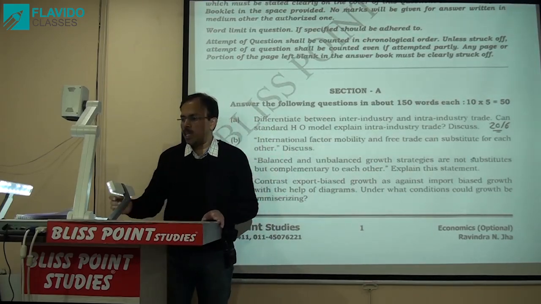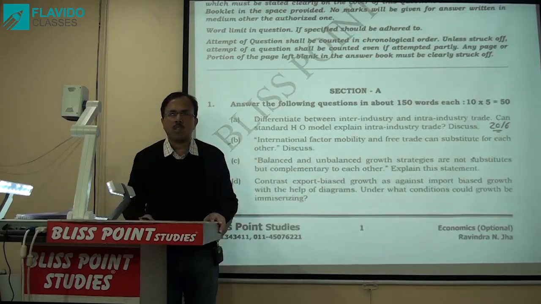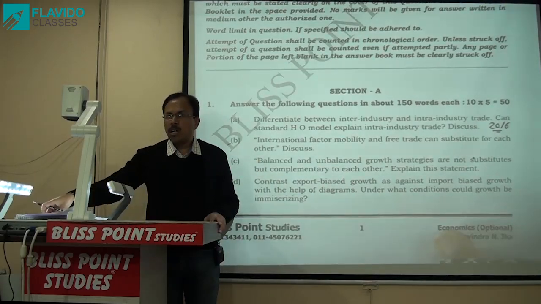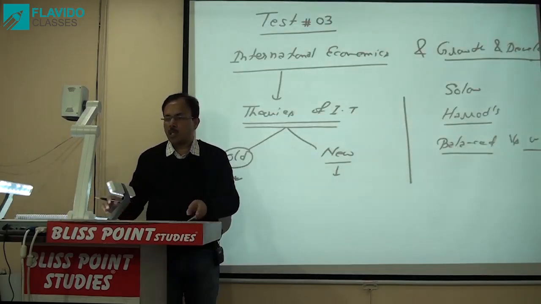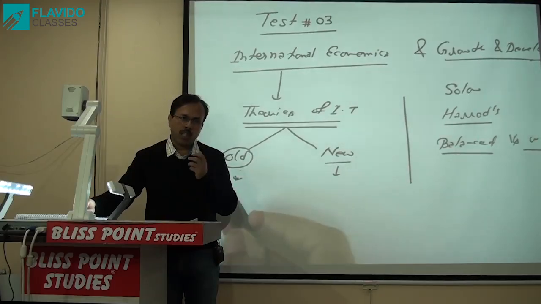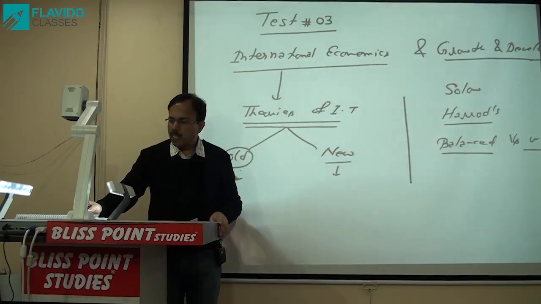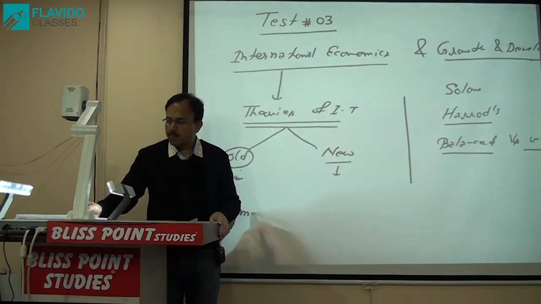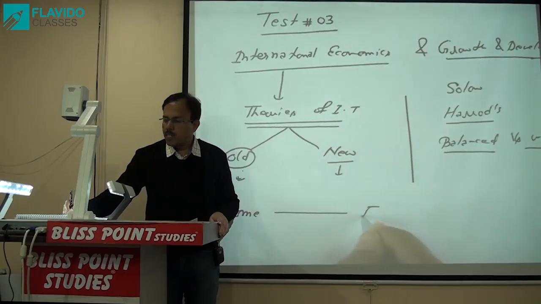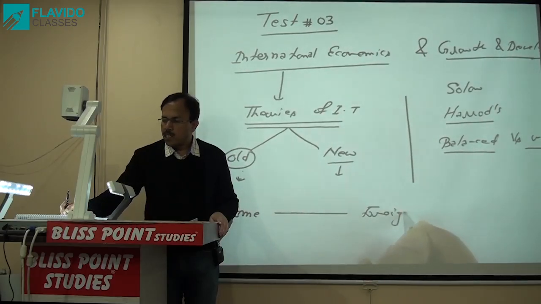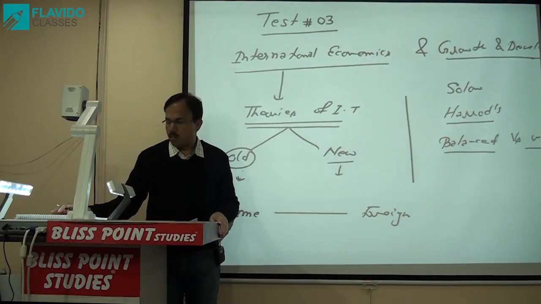Now to explain that, you can make use of the HO model. Normally when you explain any trade, whether old or new, trade means that from the home country to the foreign country there will be a flow of goods.